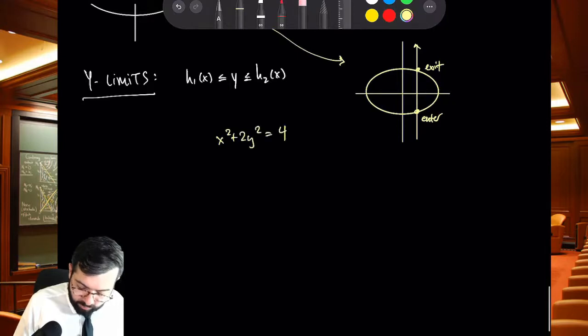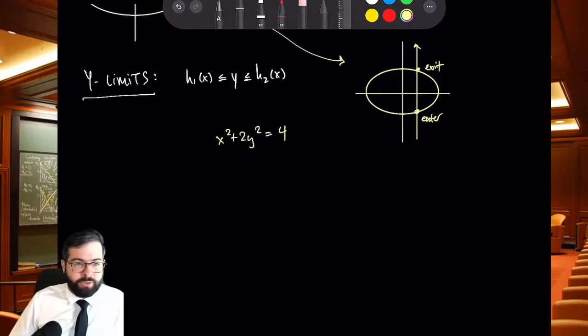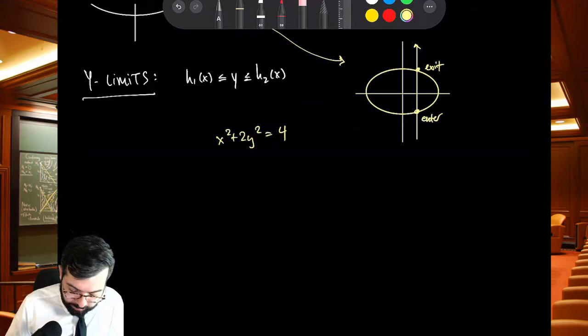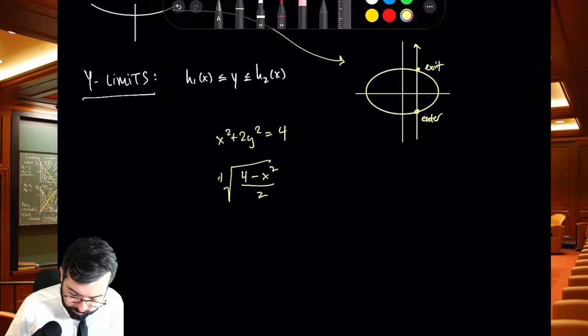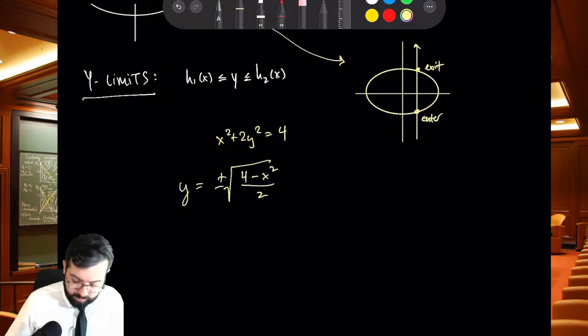There's a way to get around doing any of this geometric stuff, and that's just solving for y, testing out some points, right? So go ahead and solve for y as a function of x. You get y equals plus or minus the square root of (4 minus x squared) over 2.